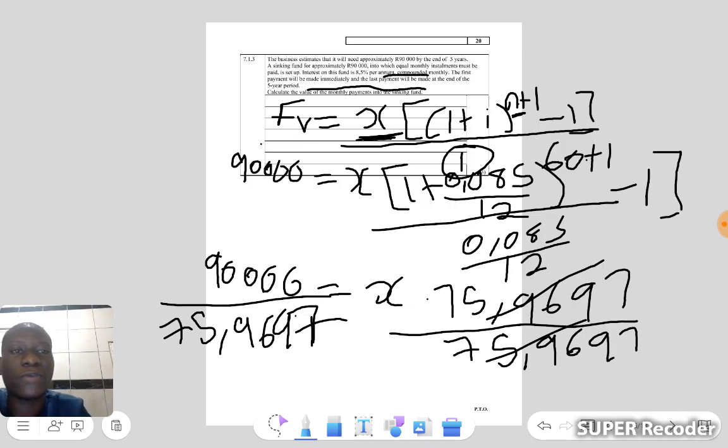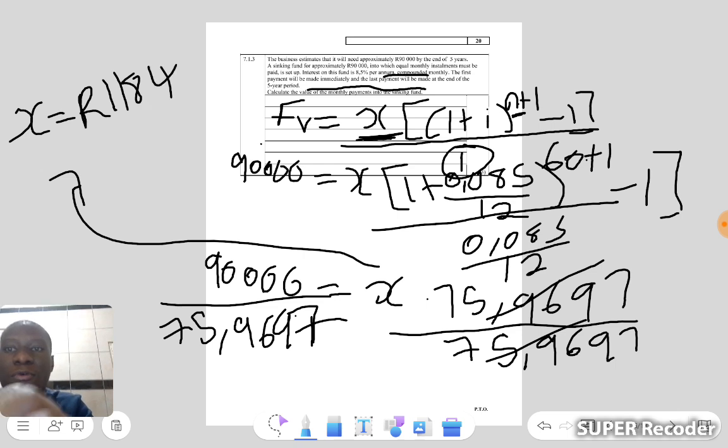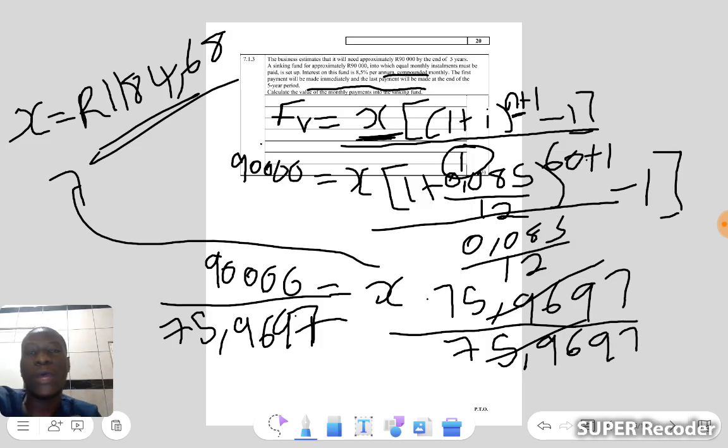So our value of X, when we punch our calculator, we're going to get 1184.68. So what does it mean?